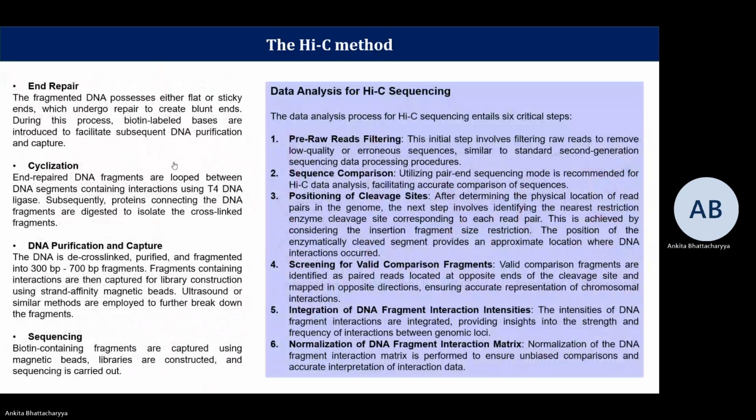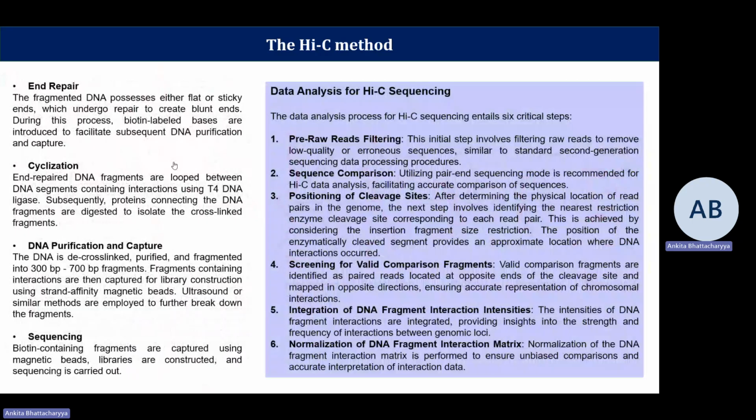So after determining where the read pairs are present in the genome, the next step is to identify the nearest restriction enzyme cut site corresponding to this read pair, which is achieved by considering the insertion fragment size restriction.